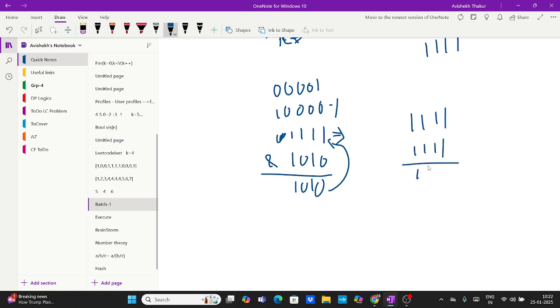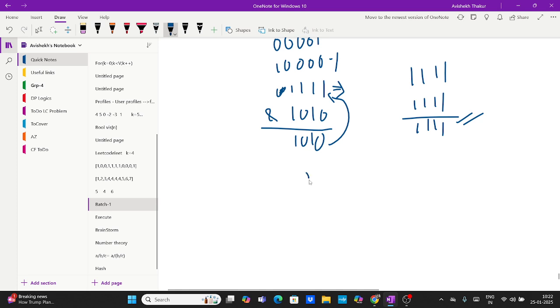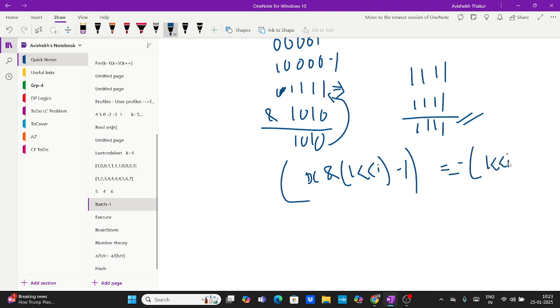If I do AND, I am getting all the bits as 1, right? That means all the bits are set. So you can probably write it as x AND (1 left shifted by i) minus 1, and if it is equal to (1 left shifted by i) minus 1, can I say all my bits are set?